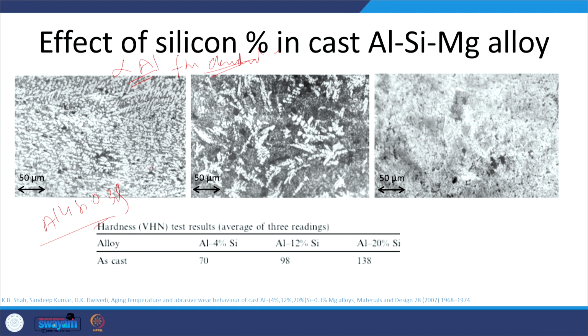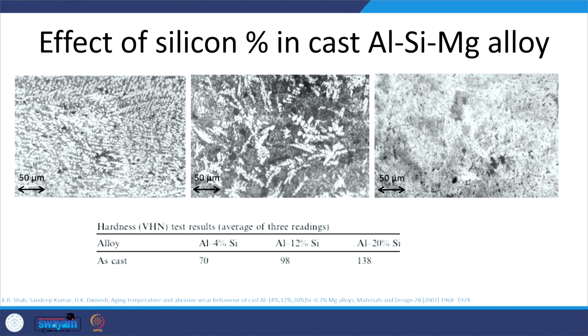And there is a very little amount of the dark eutectic of aluminum and silicon, because the alloy is aluminum 4% silicon and 0.3% Mg. Eutectic is formed at 12% silicon, therefore it is primarily alpha aluminum with a very small amount of eutectic in the interdendritic zones. And these dendrites are extremely fine. Why? Because of the very high cooling rate offered by the metallic mold.